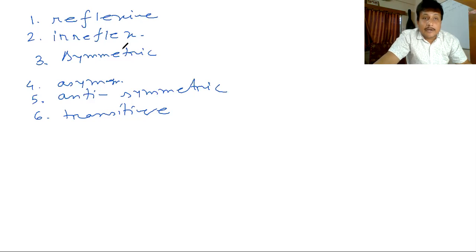Among these, you combine reflexive, symmetric, and transitive. If a relation is reflexive, symmetric, as well as transitive, we say that the relation is an equivalence relation. So mainly we shall focus on equivalence relation and these three definitions in today's discussion.